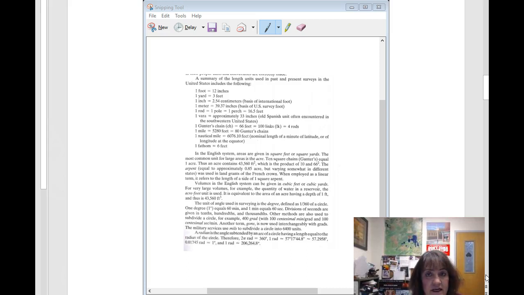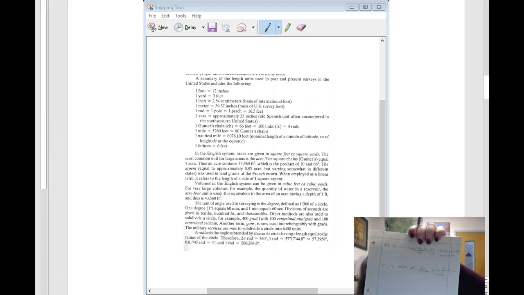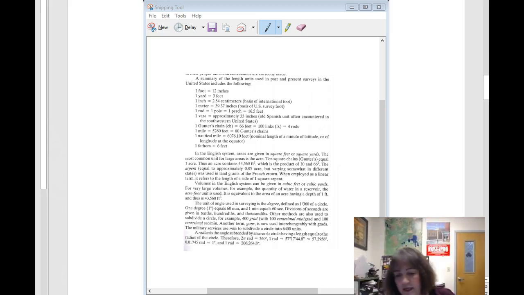Conversion factors do not affect the number of significant figures of your answer. So I need to write that with 5 significant figures. 1, 2, 3, 4, 5. And it rounds up because the digit I'm rounding on is a 9. So the answer is 1.125 acres. Okay. And that's problem 2.7, part A.